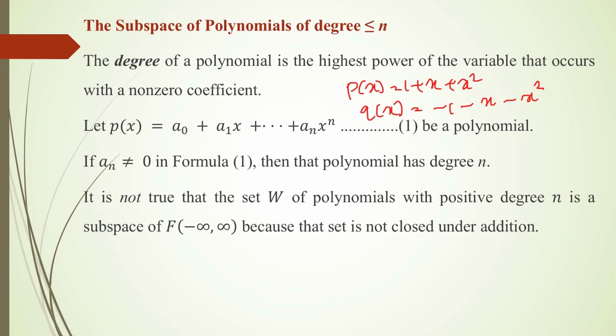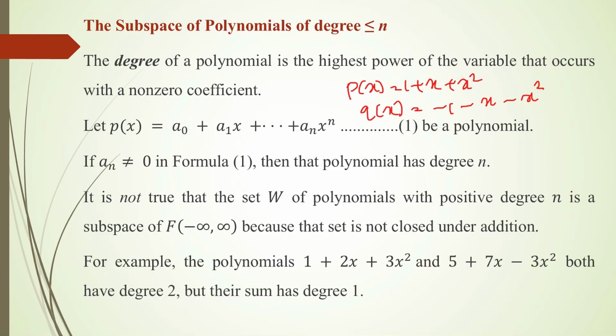So, we can say that the set of all nth degree polynomials is not closed under addition as well as scalar multiplication, because if you multiply p of x with 0, you will get the 0 polynomial. So, the set of all polynomials with degree equal to n will not be closed under addition as well as scalar multiplication, so it will not be a subspace of F minus infinity to infinity.